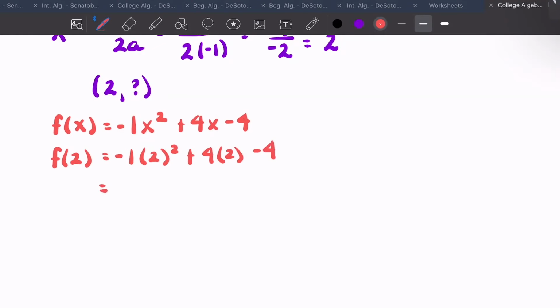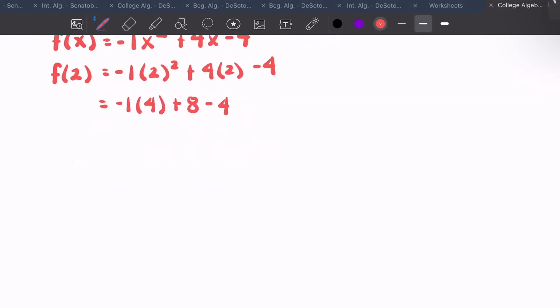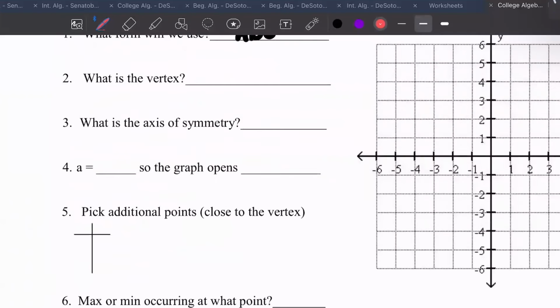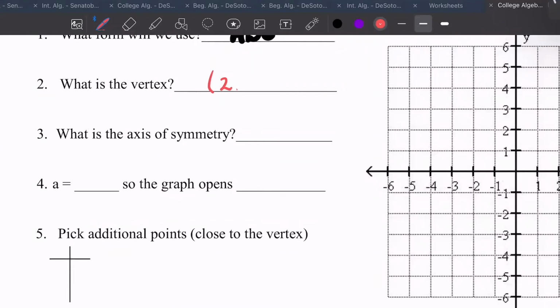So we get -1 times 4 plus 8 minus 4, which is -4 plus 8 minus 4, which is 0. Okay, so we have 2, 0 as our vertex, 2, 0.